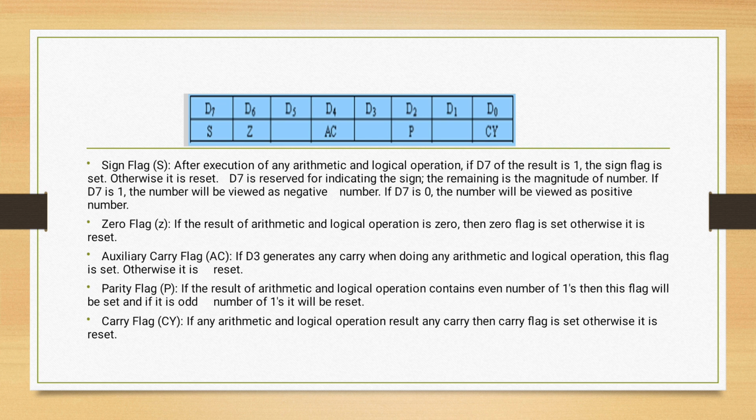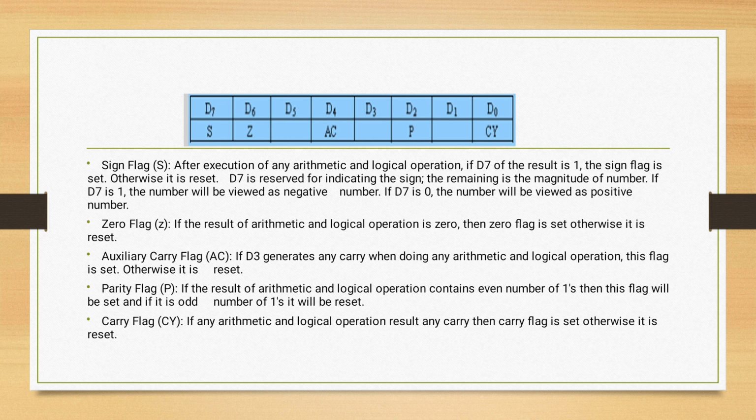Next, parity flag. The parity status flag P is set to 1 if the result of the arithmetic or logical operation contains an even number of 1s. Whenever the output of the arithmetic and logical operations represents an even number of 1s, then the parity flag is set to 1, otherwise it is in reset condition.